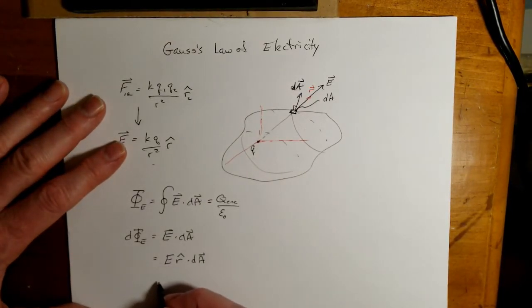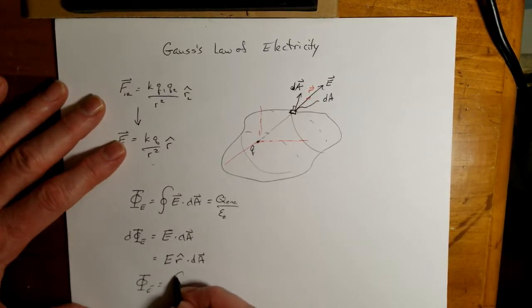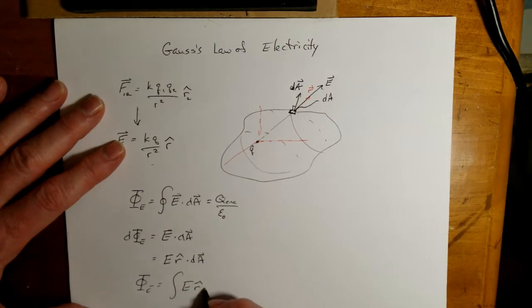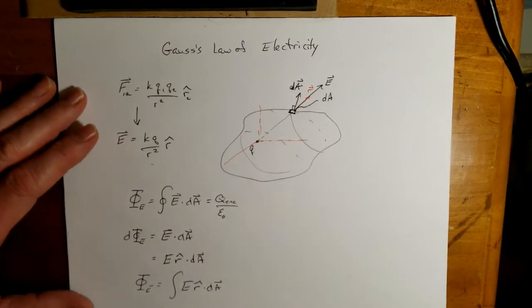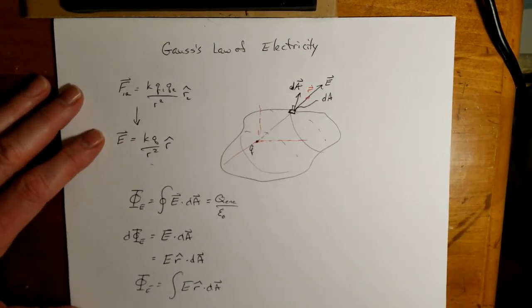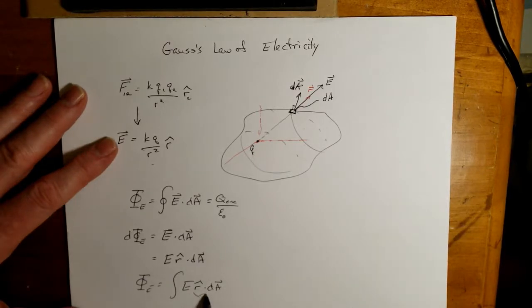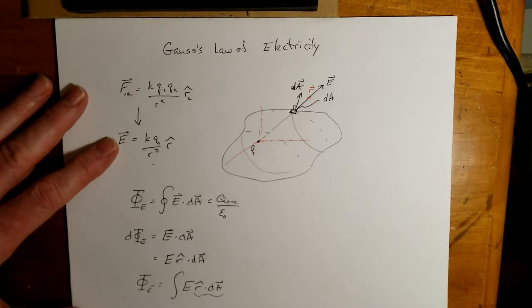And so if I integrate to find the total electric flux, it's the integral of E r hat dot dA. Probably could have done that in fewer steps, but there we are. This right here is the projection of the area vector along r hat.